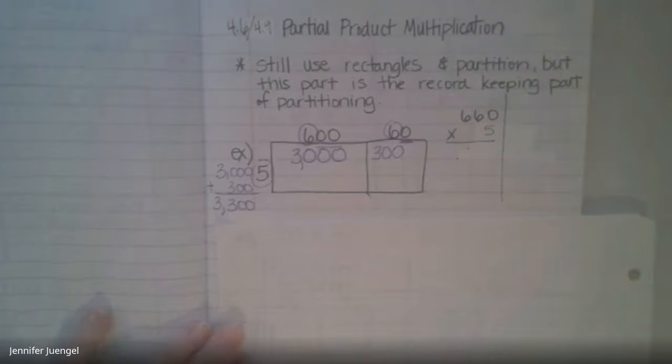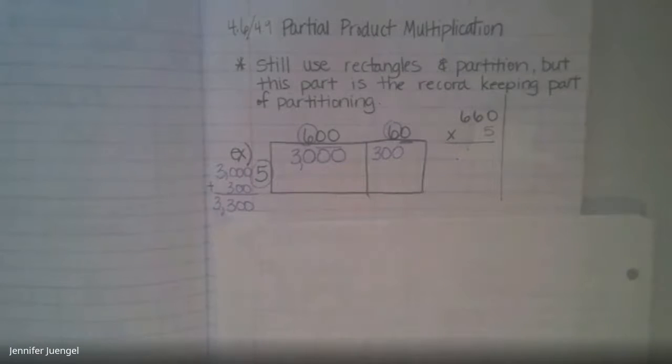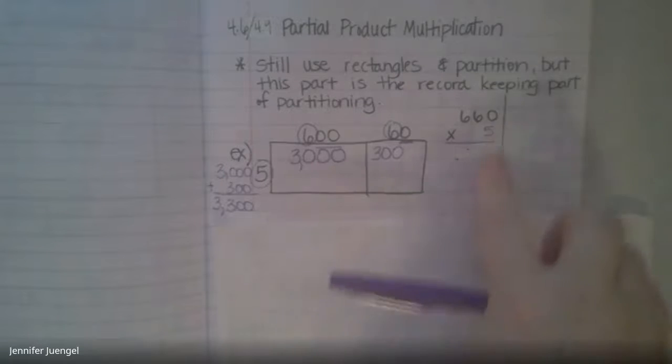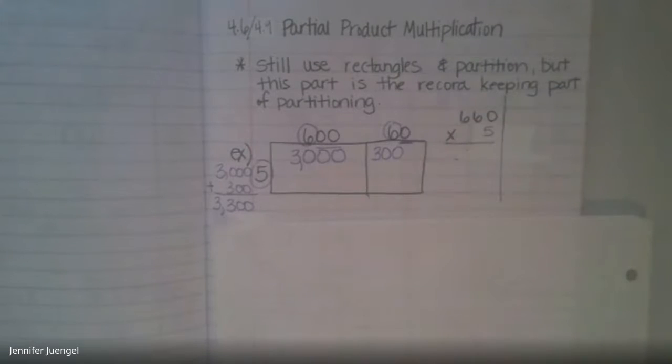So today I want to show you a different strategy using the same concept of place value, but this one is called partial product. Basically what that means is that we're going to take each digit in the multiplication problem, and we're going to think about how we can find the product just for that one individual digit.